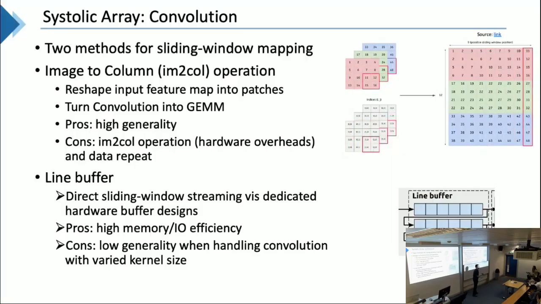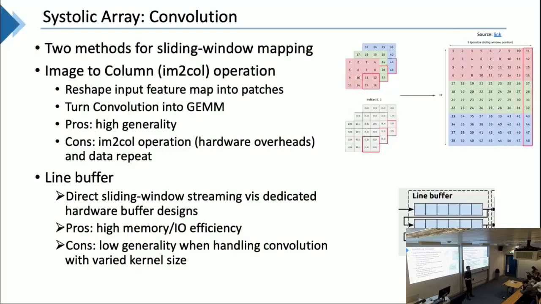But the downside of this line buffer is it's very hard to make it very general. For example, if your line buffer was originally designed for a 5x5 kernel, you will have these 5 lines. Let's say your kernel is 5x5, so basically you need 5 line buffers connected together.